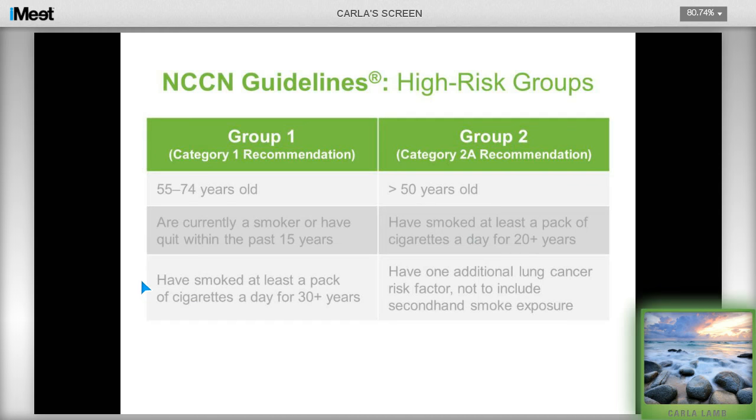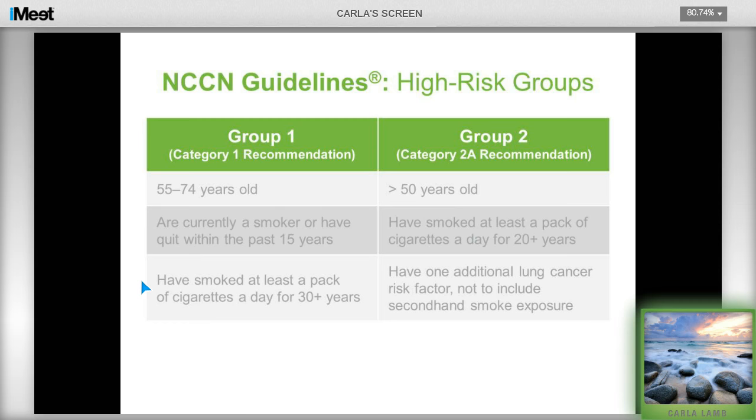Just as a reminder, Group 1 is the classic NLST criteria for the high-risk group patient based on their age, when they quit smoking, and their pack-year history. Something that currently is not covered by third-party payers is what we identified through the NCCN as Group 2, and the specific differences between Group 1 and Group 2 are that they're a younger population.